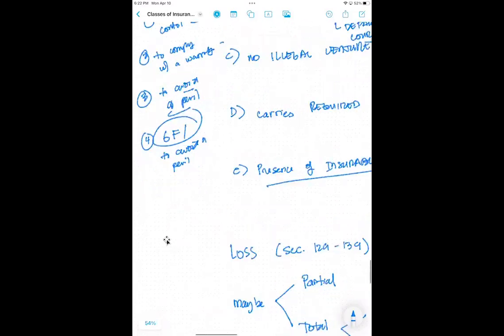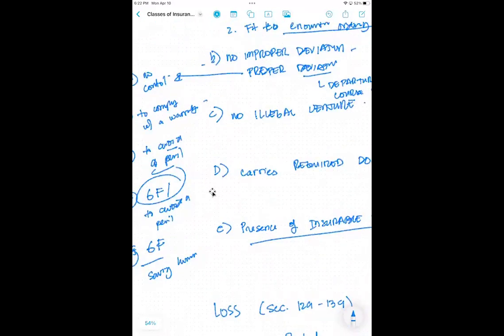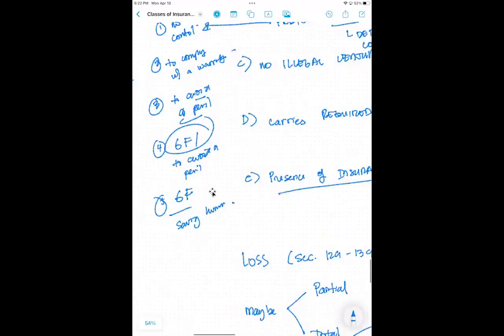And again, last, there must be this element of good faith for the purpose of saving human life. So may lumabog na barko doon sa kabila, right? And in order to help those who are in distress, the ship made a deviation, and that is not considered an improper deviation because the purpose was to save human life.